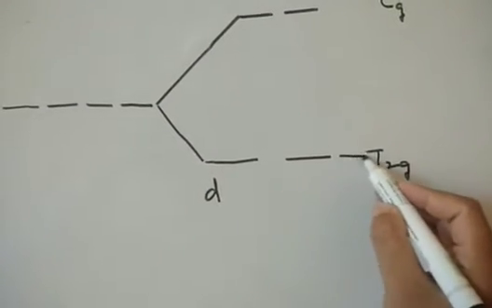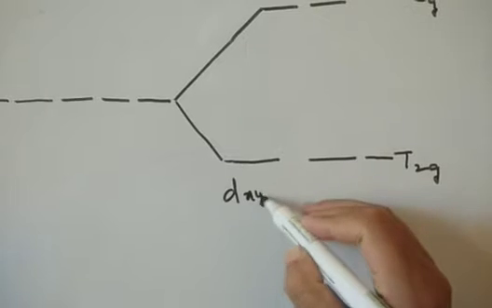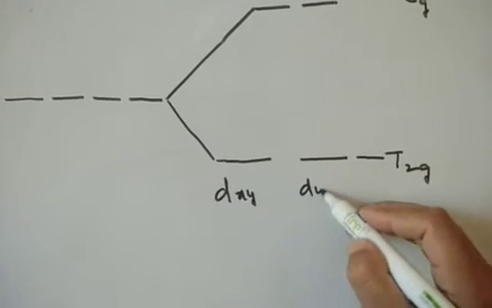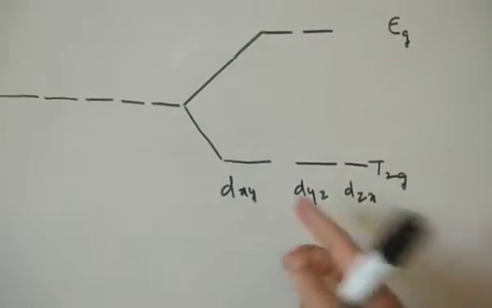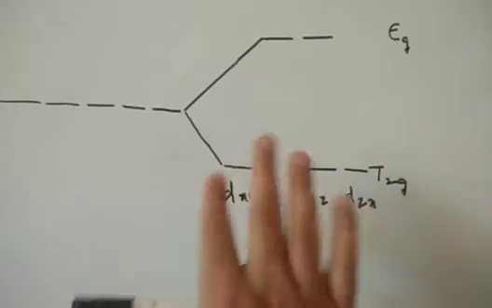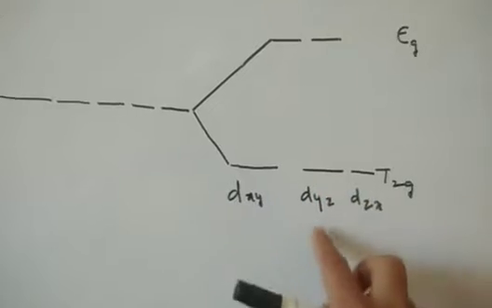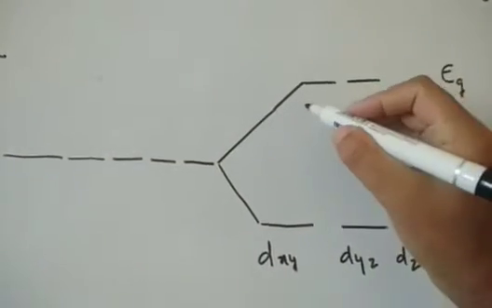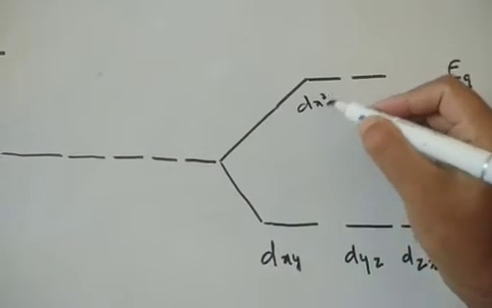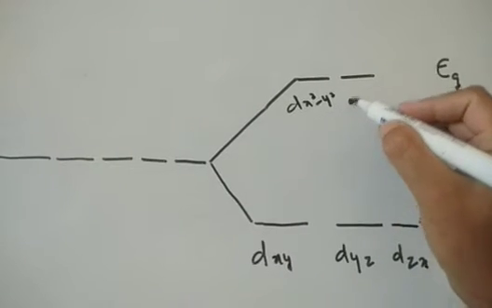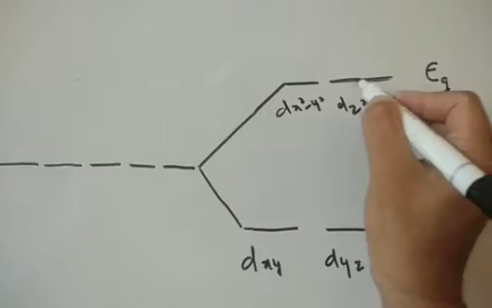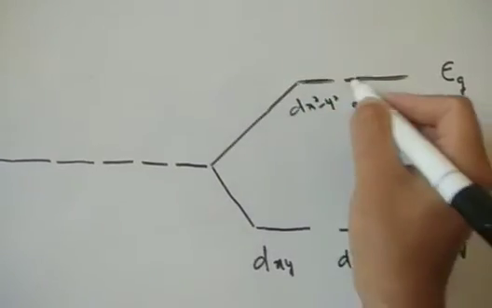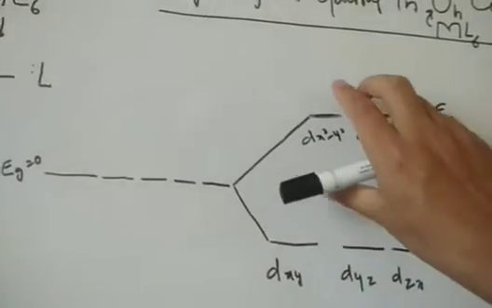The third set is dxy, dyz, dzx. These are the orbitals whose electron density lies in between the axes, whose lobes lie in between the axes. And these two orbitals, dx square minus y square and dz square, have their electron density lying along the axis. That's where they experience more repulsion. We discussed this in the last class.